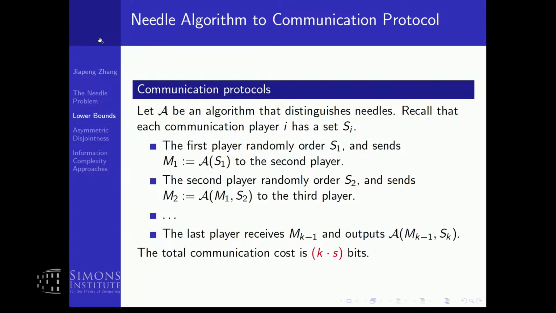The total communication complexity here is k times s. K is the number of players, and each player sends s bits to the next player, because s is the space limitation of the algorithm, so the length of M1 is at most s. So the total communication is k times s.